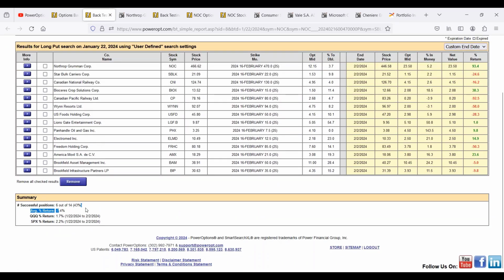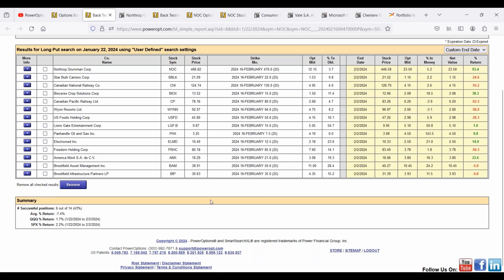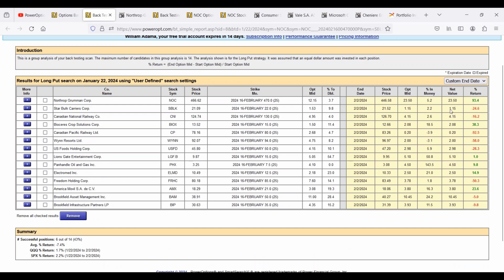43% success rate, 7.4% average loss, or average percent return across a portfolio if we opened all of these positions. And of the first 4, 2 out of the 4, 50% are losers, but with the one Northrop Grumman gain of 93.4%, probably would have balanced out the losers. Let's take out everything else but those top 4.